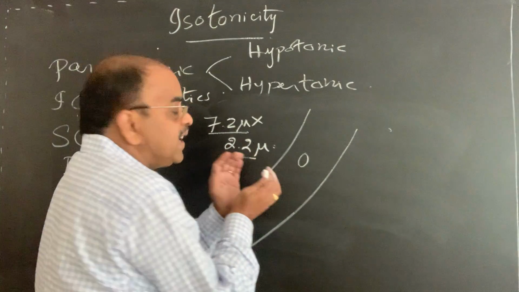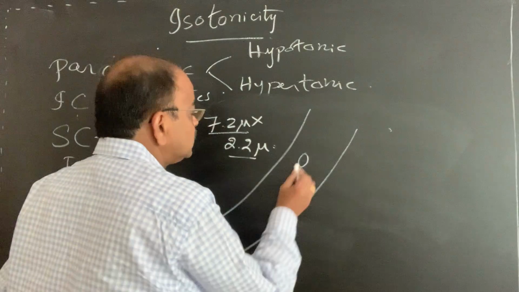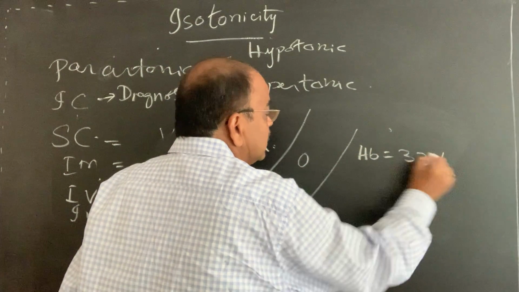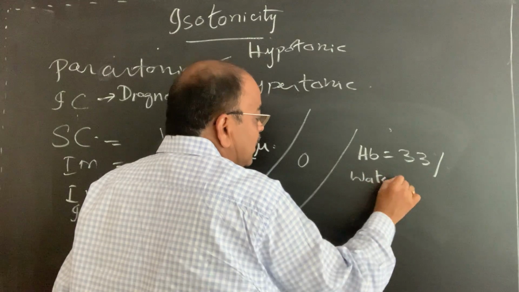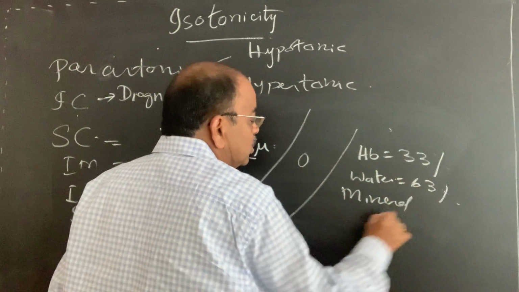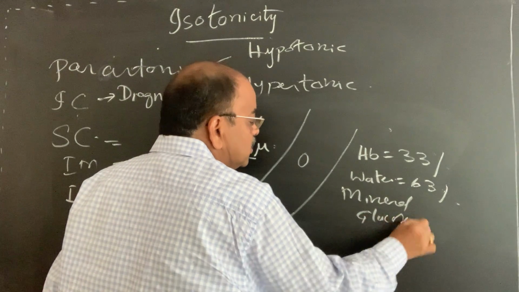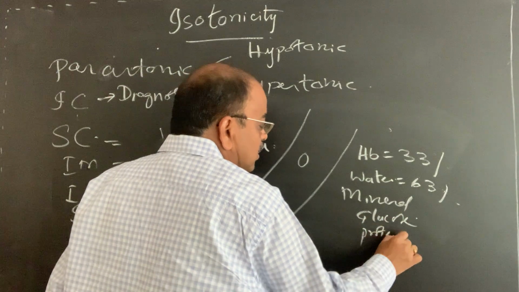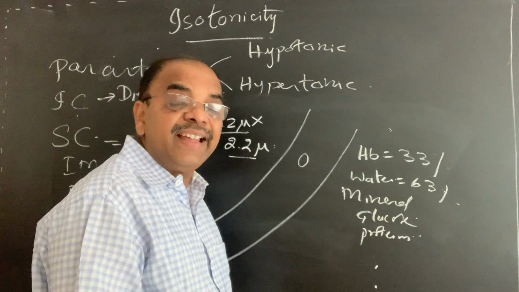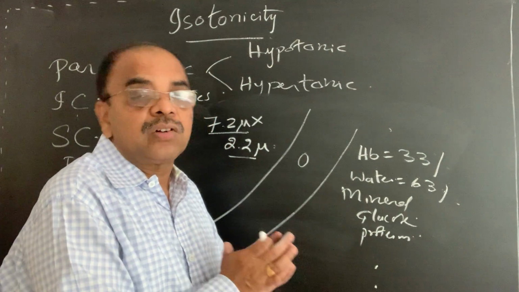Now, inside the RBC, what is present? Hemoglobin, about 33%, water, about 63%, minerals, glucose, proteins, like this, n number of things present inside the RBC, red blood corpuscle.